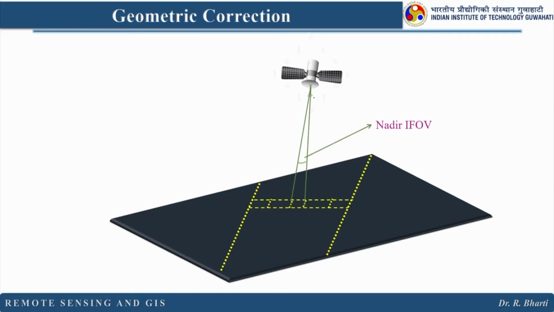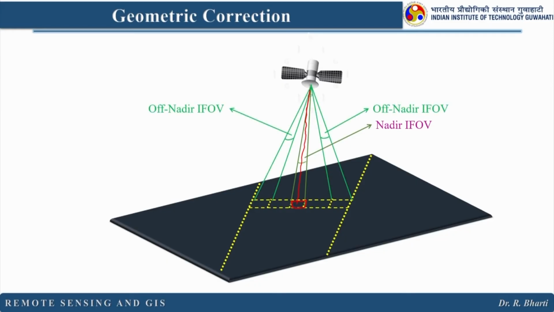If you see, this is the nadir looking pixel which is here. That means if you draw a line here, it will be perpendicular to your surface, and the other pixels seen from this particular sensor are called off nadir.